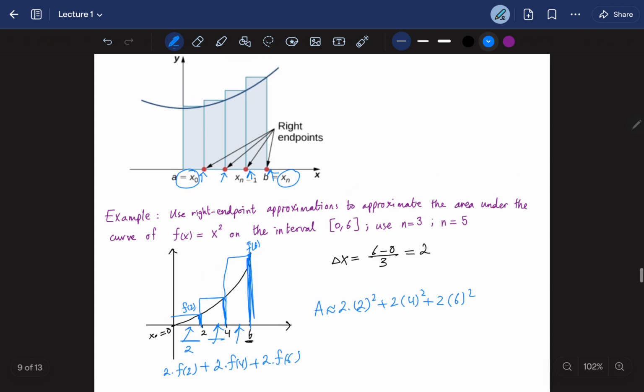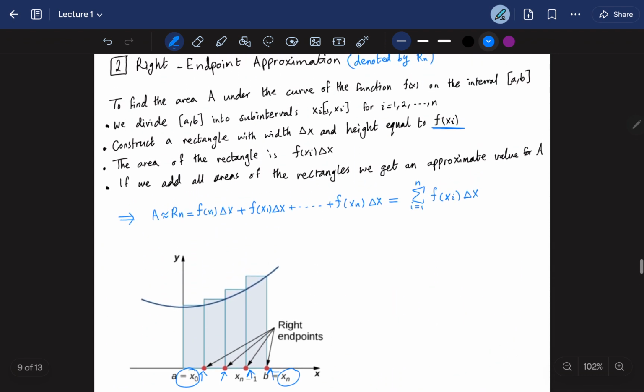So if you go back here, you can see that the area using the right endpoint can be approximated by finding the area for each rectangle separately, then adding them up.